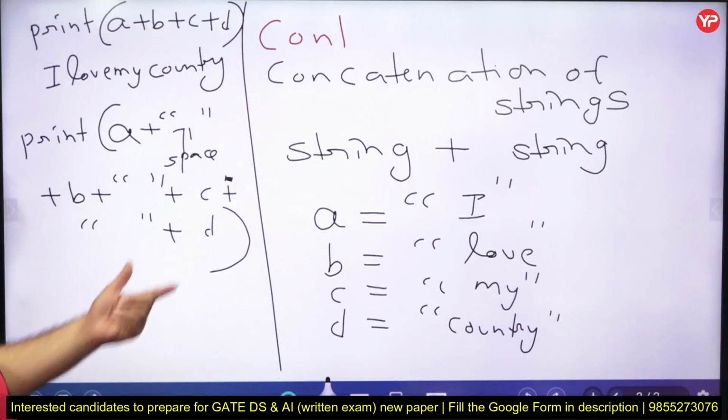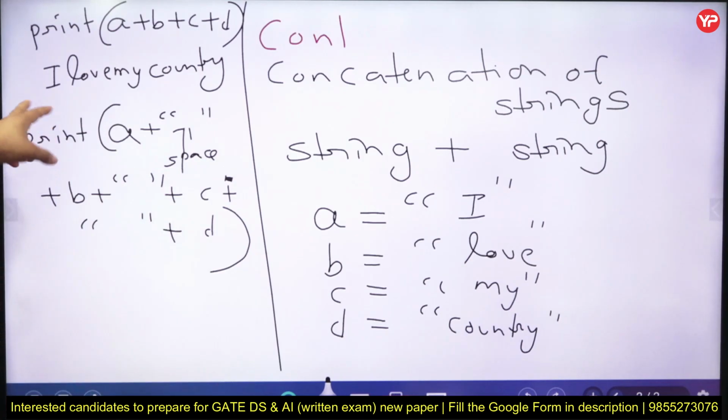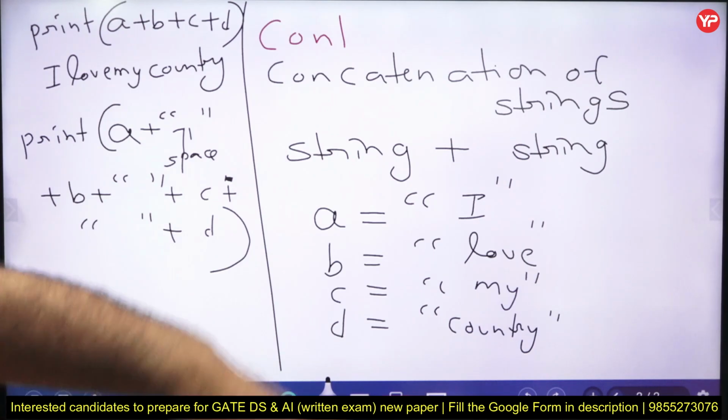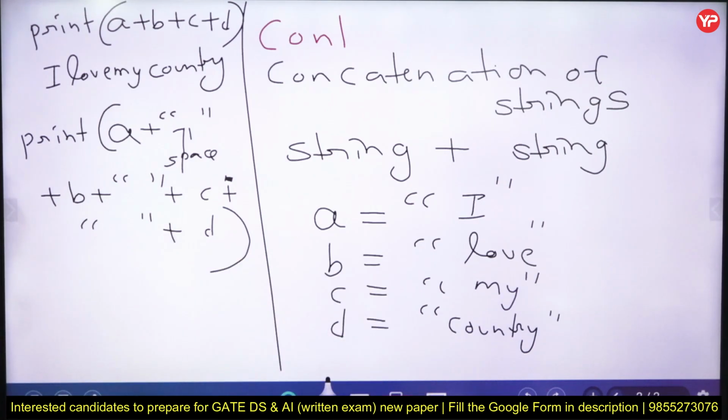If we print this, we will get white space between the different words. In this manner we can join different words using this concatenation concept. Got it?